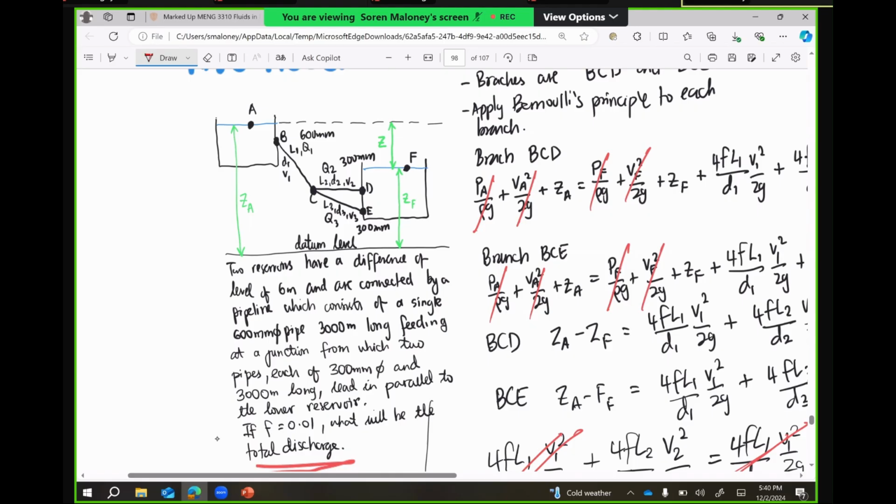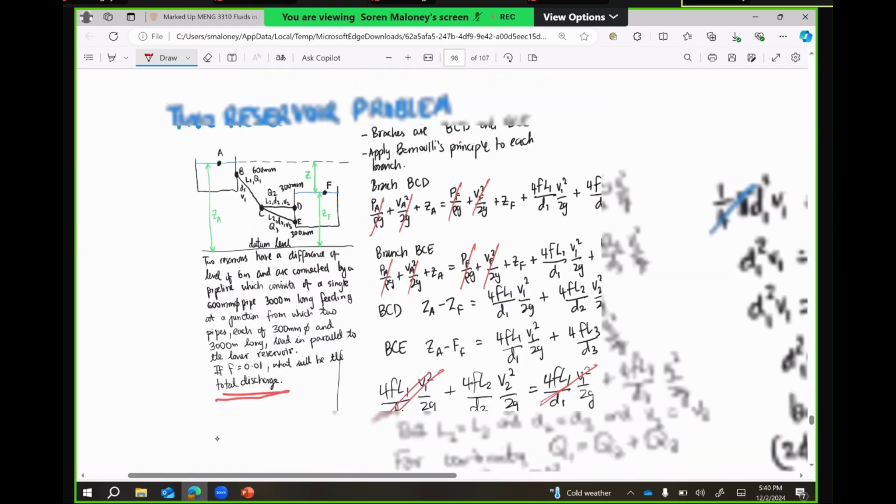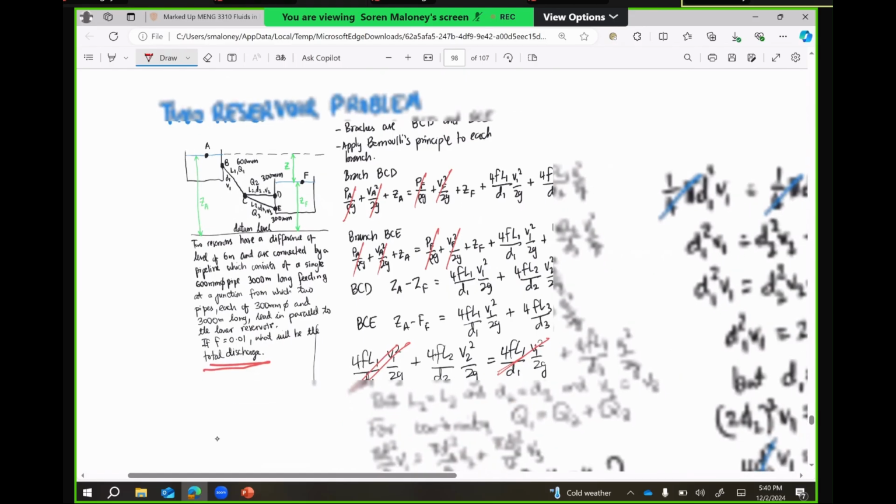That's what it means. And if f is 0.01, they're saying f is the same for every single pipe, for all three branches. They want to know what the total discharge is going to be. What is Q? Basically, they want to know what Q1 is.